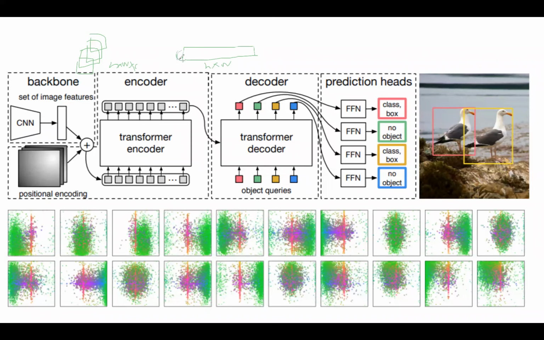So now you get vectors for each channel. You get some height cross width vectors, or you could also think of it in terms of this. And then you pass these to your transformer encoder. Let's just look at the encoder also.